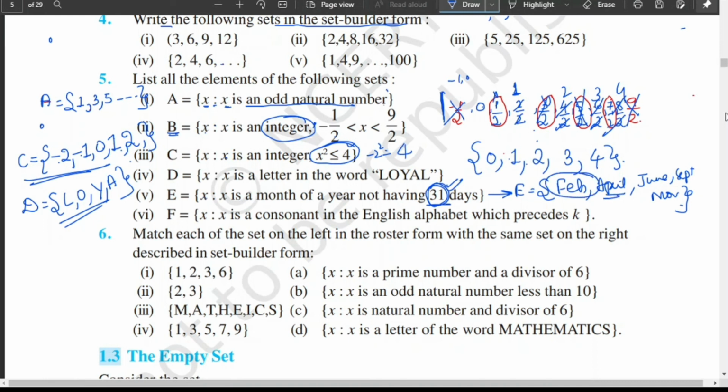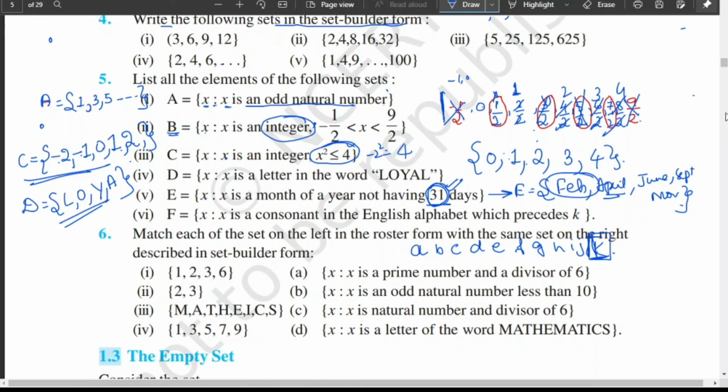Okay. F, x is a consonant in English alphabet which precedes K. Okay. So they say in this consonant, I will write here A, B, C, D, E, F, G, H, I, J, K. Which precedes K means K is a limit here, up till K, not.